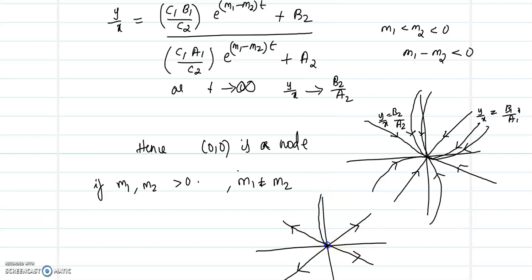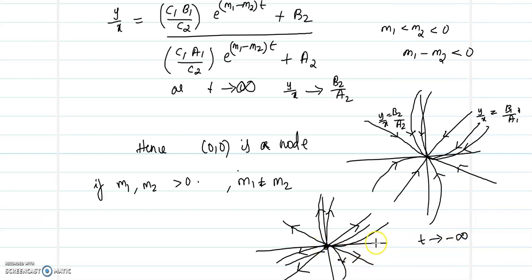We will be getting paths approaching this line with slope b2 by a2, but now the directions will be outward. That is the difference here. Again, it will be approaching and entering the origin as t tends to minus infinity. So hence it will be a node.